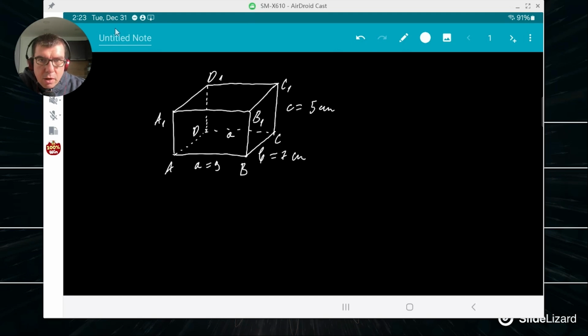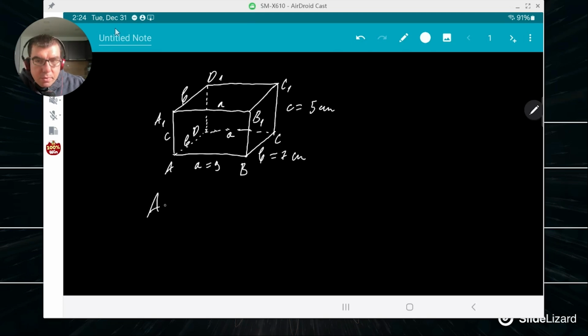So 2 by 2 the faces will have the same area. Okay, so this is B, this is C. So you can see that, for example, the lower base A, B, C, D and the upper base A1, B1, C1, D1 will have the exact same area because they are identical rectangles with dimensions A and B, right?